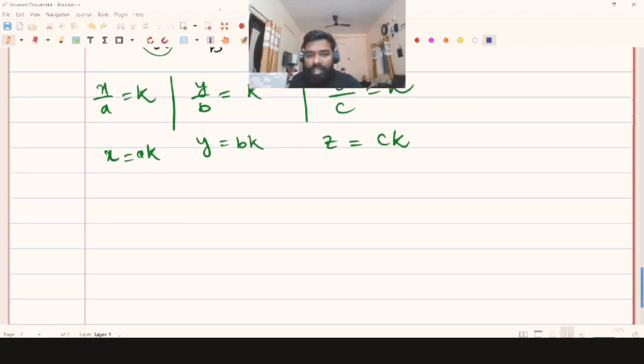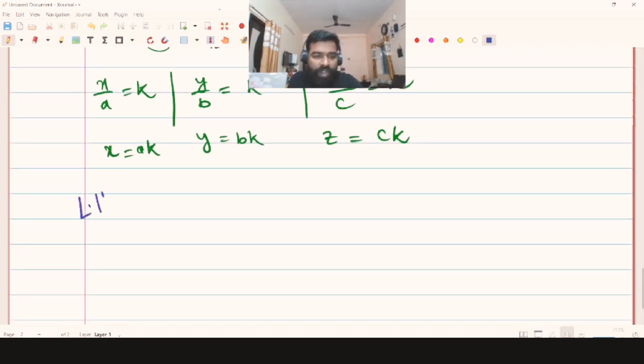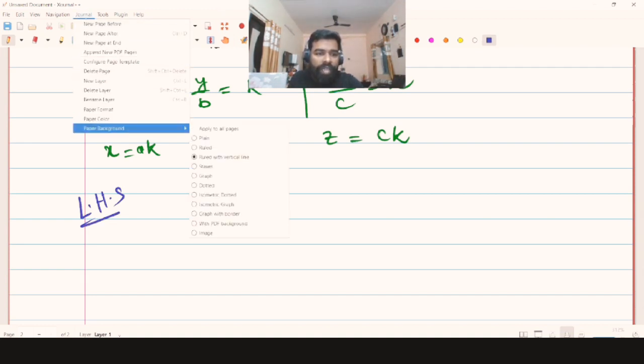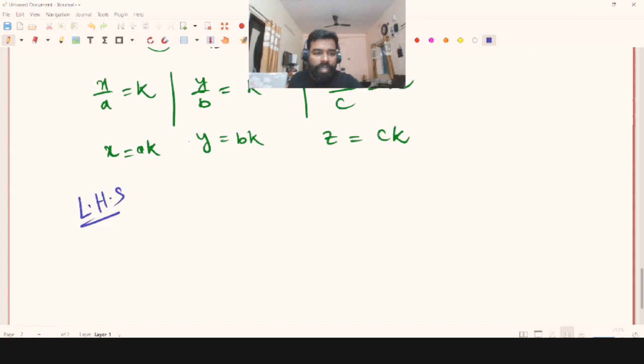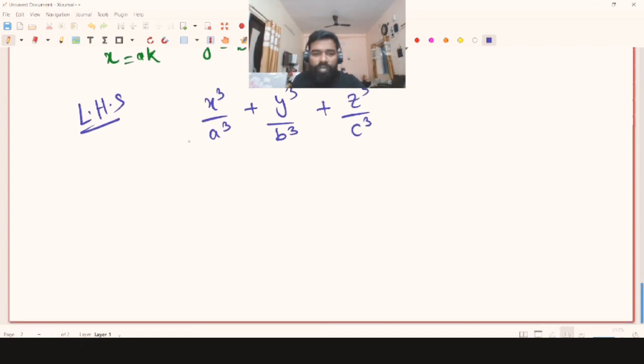So now let us take the proof part. Left hand side of the question. So left hand side is what? X cube by a cube plus y cube by b cube, and then z cube by c cube. So we'll put the values of x, y, and z. X is ak and its whole cube.